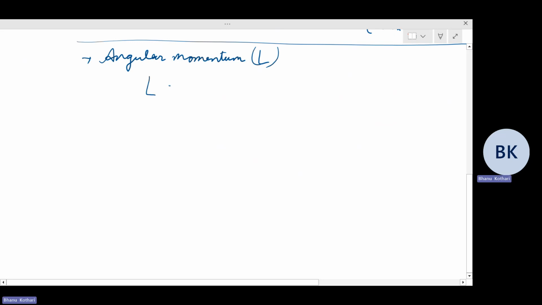So the value of angular momentum L will be equal to mvr. This is the formula of angular momentum, and this must be an integer multiple of h upon 2 pi. This h upon 2 pi we can also write as h bar. We can write n h bar.